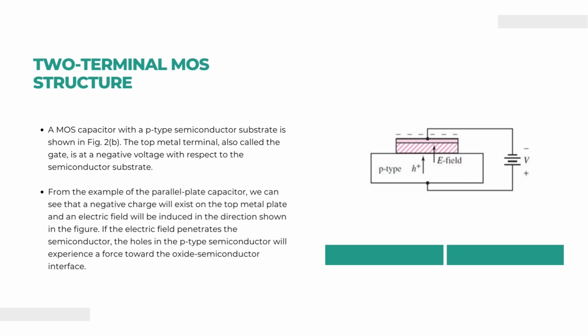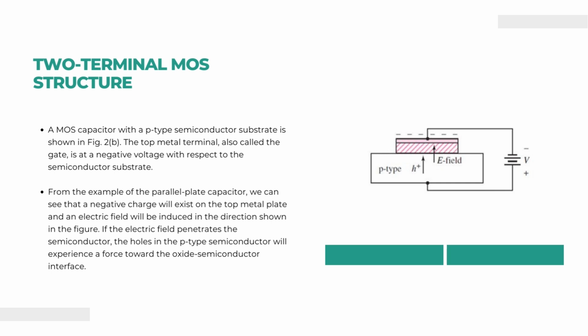A corresponding MOS capacitor with negative gate bias shows the electric field and the charge flow. The electric field moves from positive to the negative side. From the example of the parallel plate capacitor, we can see that a negative charge will exist on the top metal plate and an electric field will be induced in the direction shown in the figure.